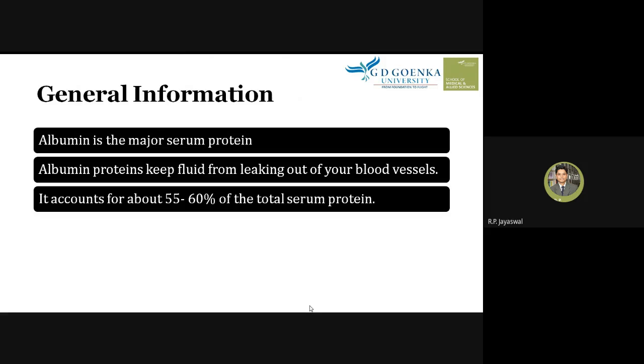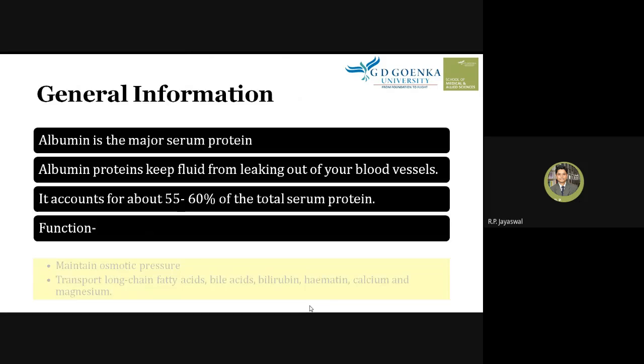It accounts for about 55 to 60% of total serum protein. Whatever the serum total proteins are, like albumin, globulin, out of all proteins within the serum, 55 to 60% is the albumin.